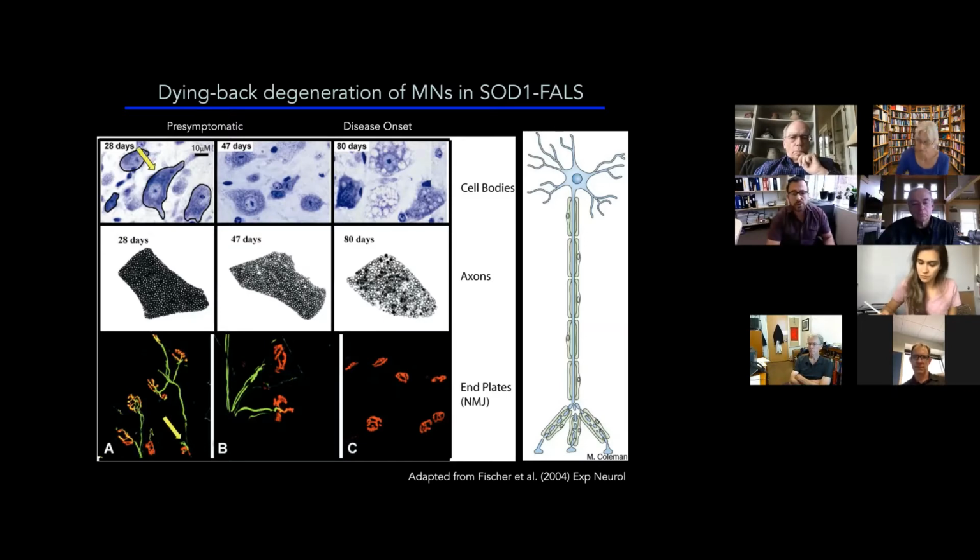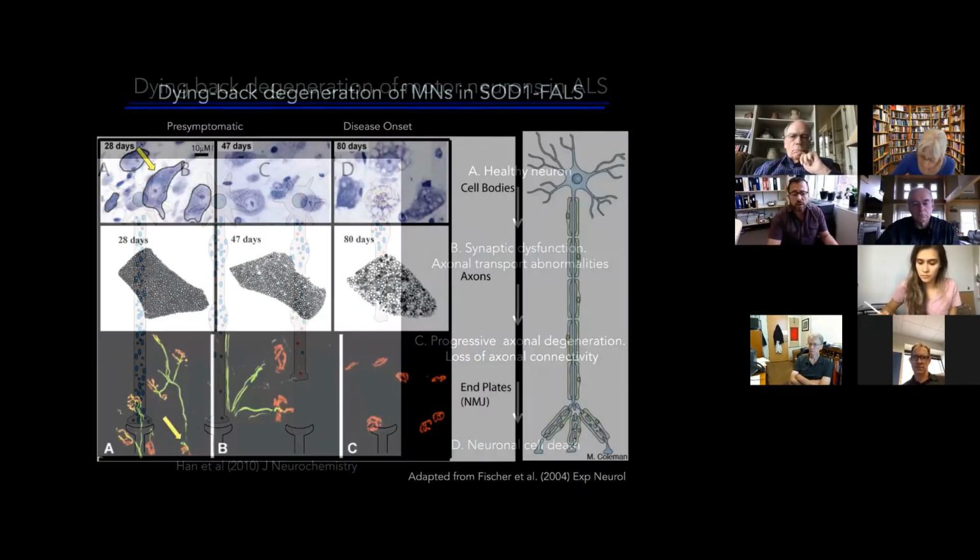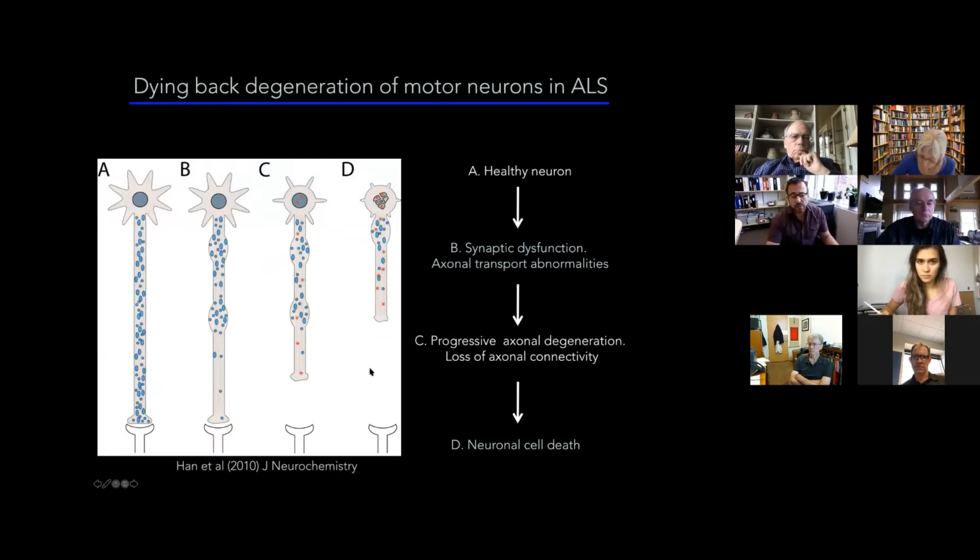Some of the hallmarks of that pattern, represented by this cartoon, are the loss of synaptic connections and the pathology and degeneration of axons long before any loss of the cell bodies. Here the red dots illustrate aggregation of the protein, which is a common feature of not just ALS, but multiple neurodegenerative diseases.